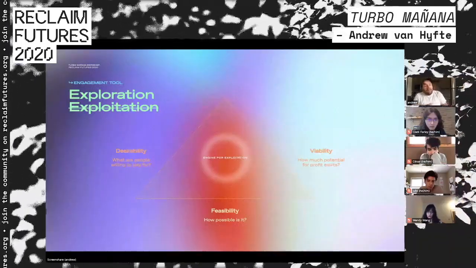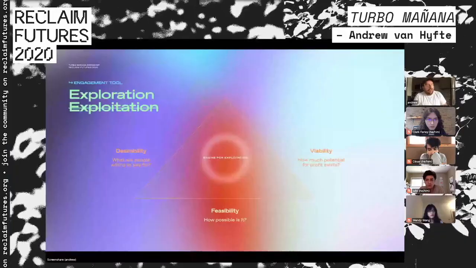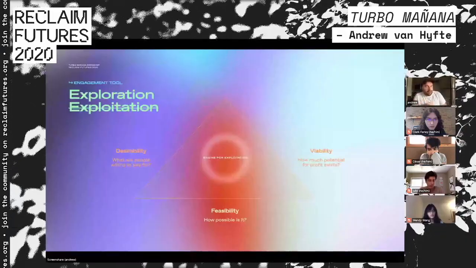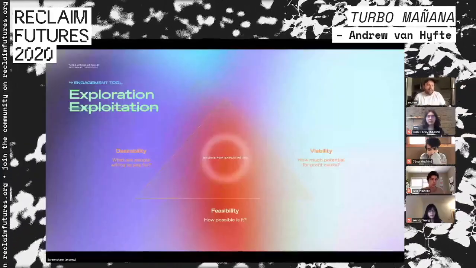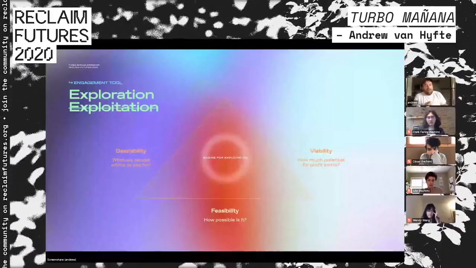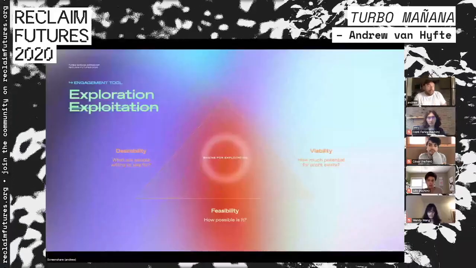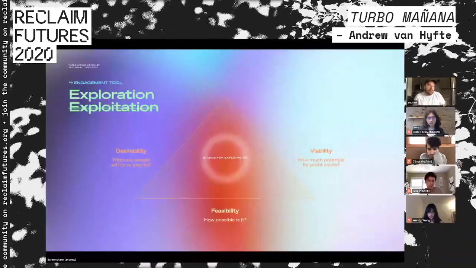If we look at typically how things are exploited, or the engine behind it, and I'm taking sometimes a little bit of the worst case scenario here. Desirability: what are people willing to pay for? Viability: how much potential for profit exists? And then when you match those two with feasibility: how possible is it?